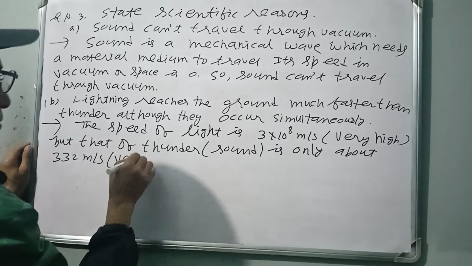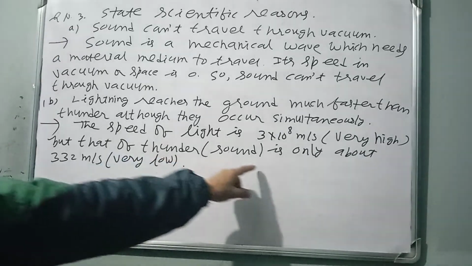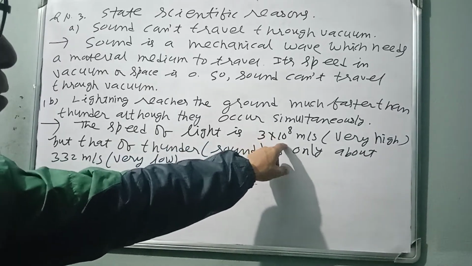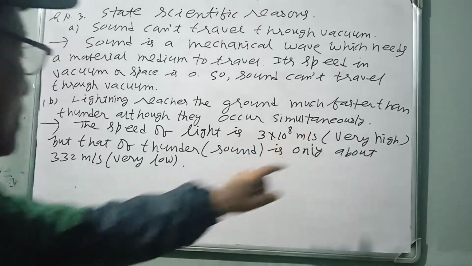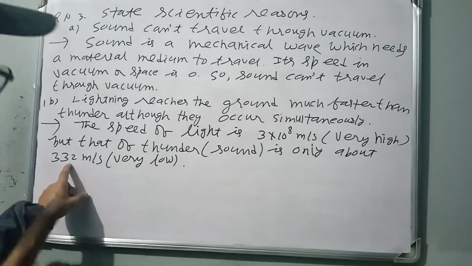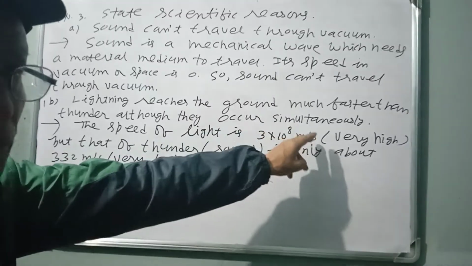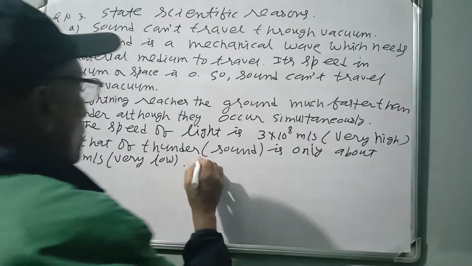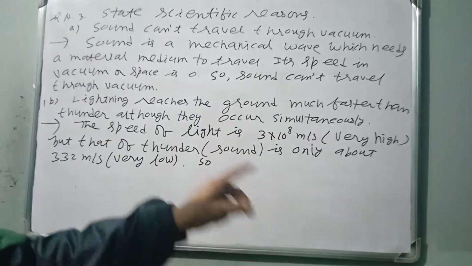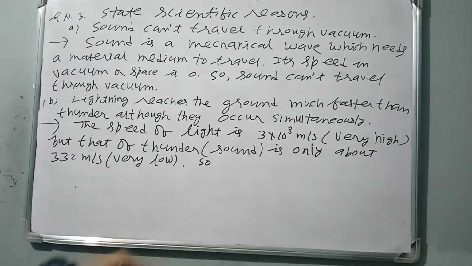Very low. Light speed is 3 lakh kilometer or 30 crore meter per second, whereas the thunder speed is only about 332 meter per second. So what is the difference? Very high and very low. So first of all, what comes? Lightning comes. Then thunder comes a little bit later.